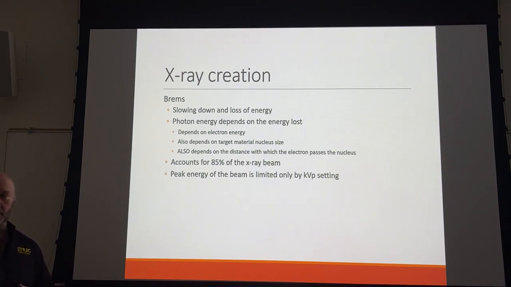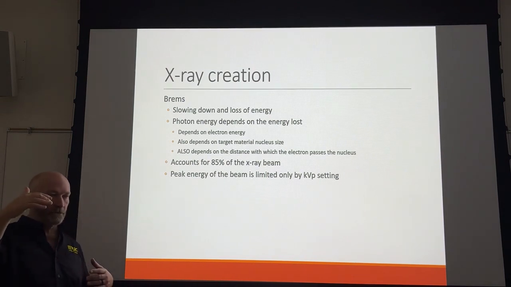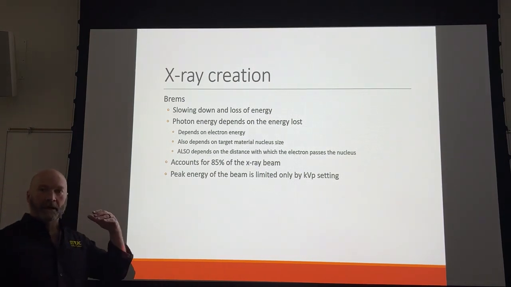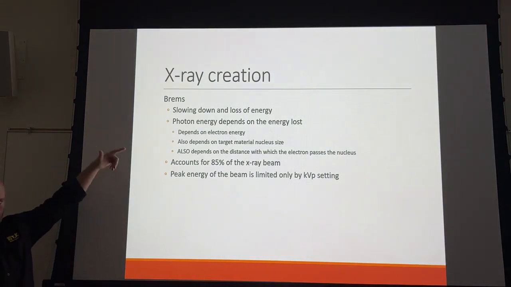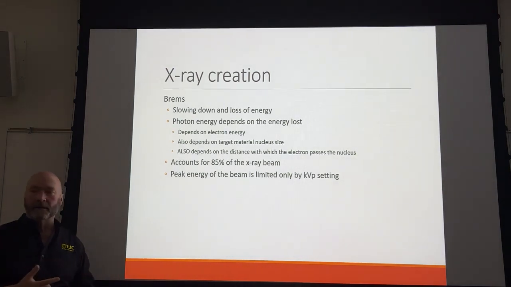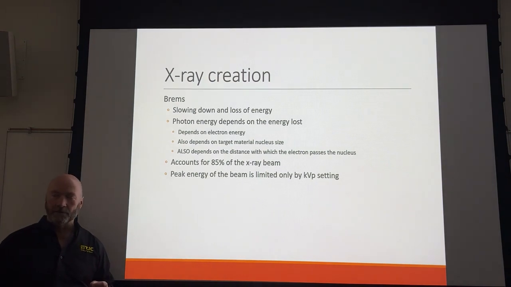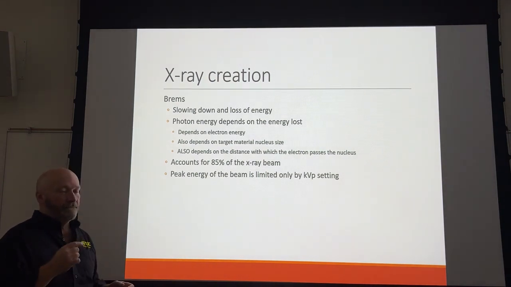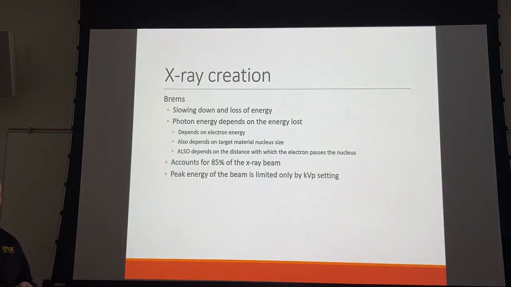It could even smack into Jupiter, but we're going to say change directions. So if it gets too close because of the gravitational pull of Jupiter, it could change directions. As it changes directions, it's going to lose some energy, and that's what we have in brems creation, right? So the electron goes around the nucleus of the atom, it slows down, and as it slows down, it's going to lose some energy, and we're going to create a brems X-ray photon. And a brems photon is going to be equivalent to the amount of energy that is lost, right?